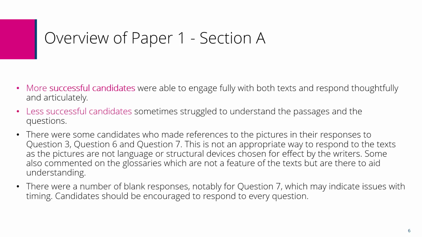This is not an appropriate way to respond to the text, as the pictures are not language or structural devices chosen for effect by the writer. Some also commented on the glossaries, which are not a feature of the text, but are there to aid candidate understanding. There were a number of blank responses, notably for question 7, which may indicate issues with timing.